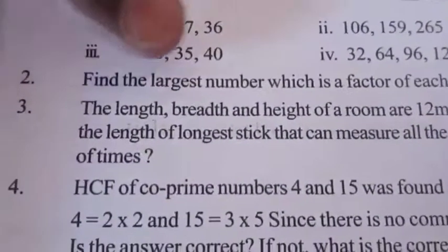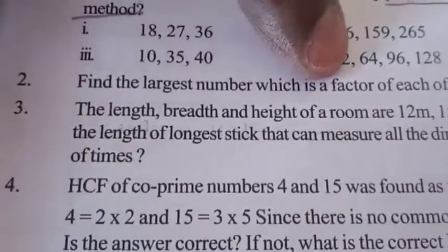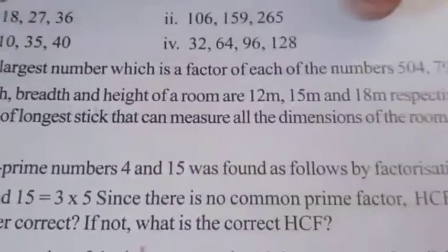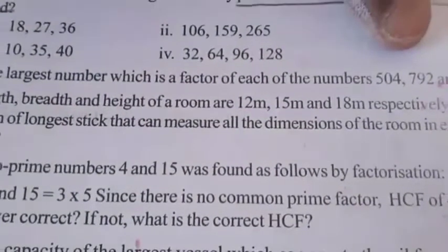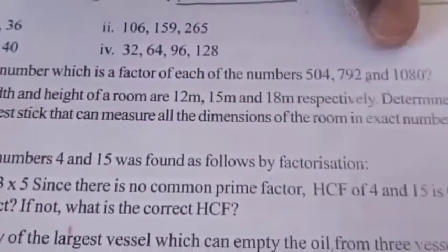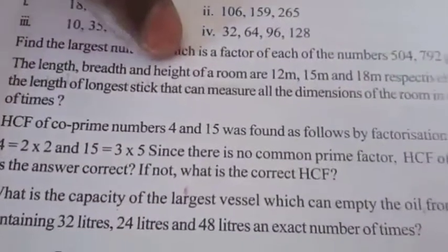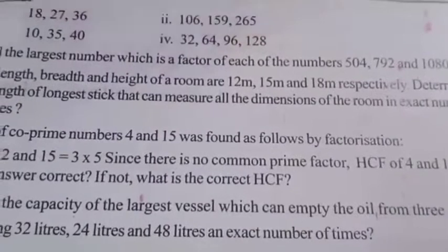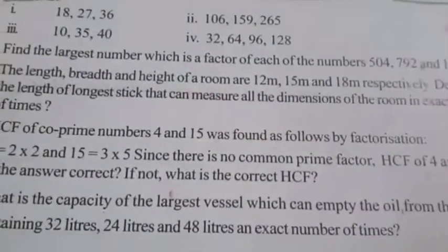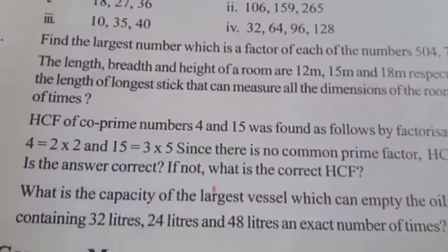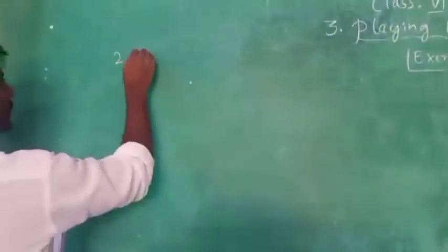Find the largest number which is a factor of each of the numbers 504, 792 and 1080. What is it asking here? Find the largest number which is a factor. That means indirectly it is asking to find the HCF.